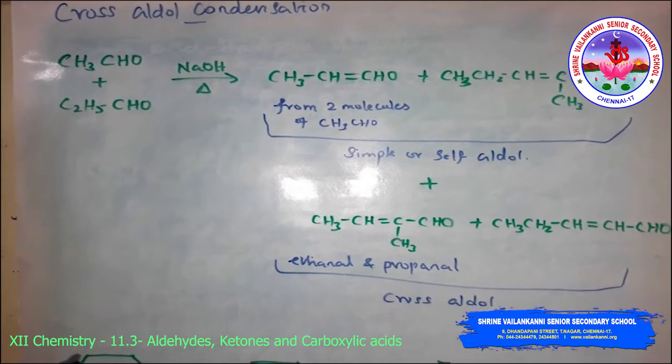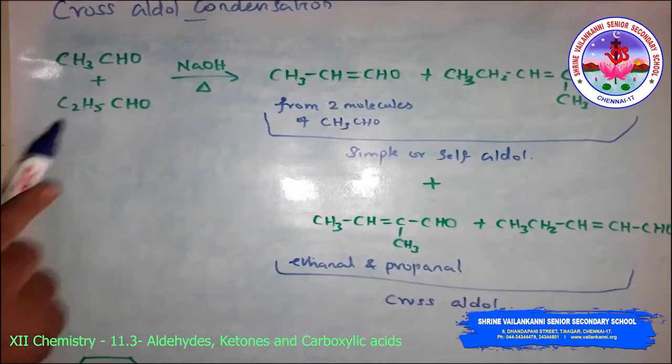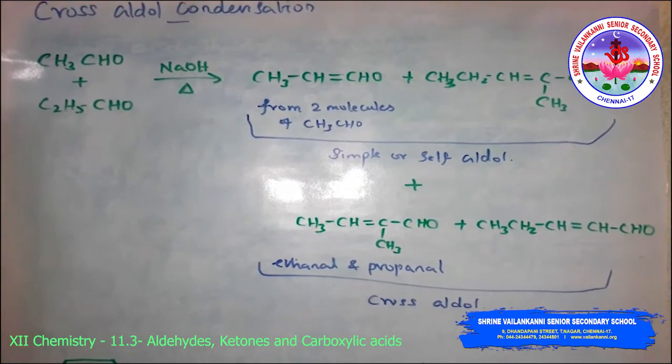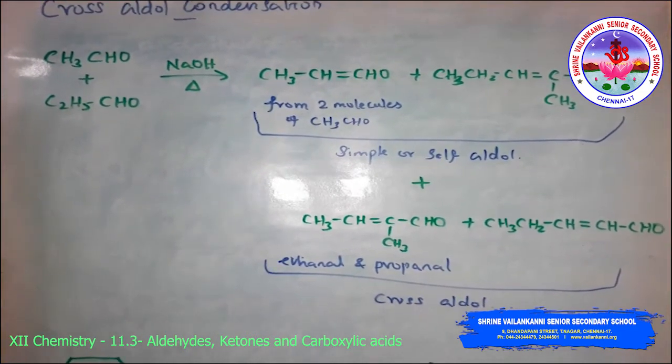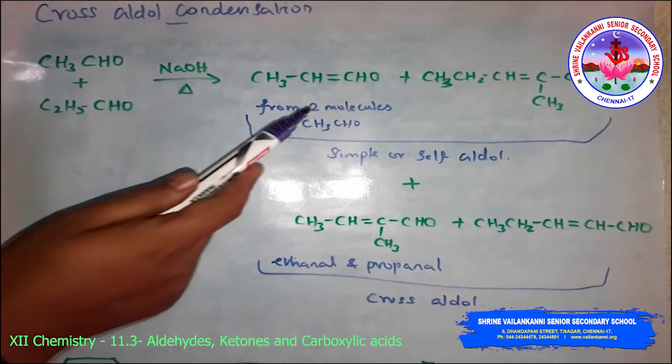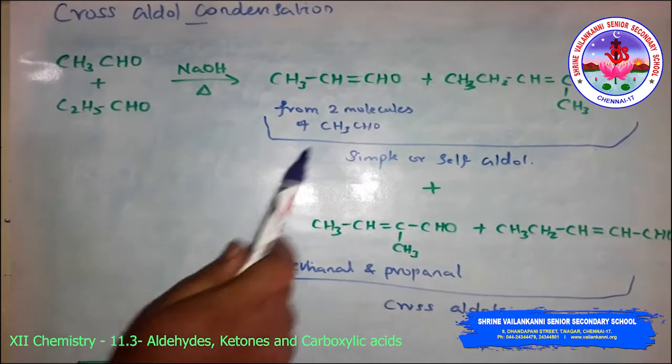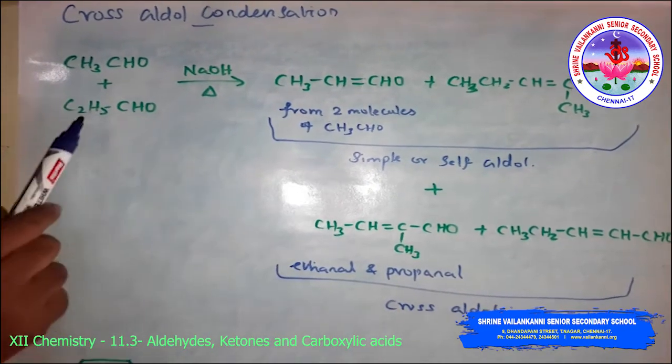Look at this reaction. If both of them contain alpha hydrogen atoms, it gives a mixture of four products. This illustrates the aldol reaction of a mixture of ethanal and propanal. Look at this.